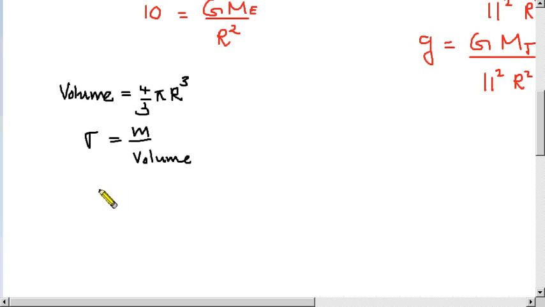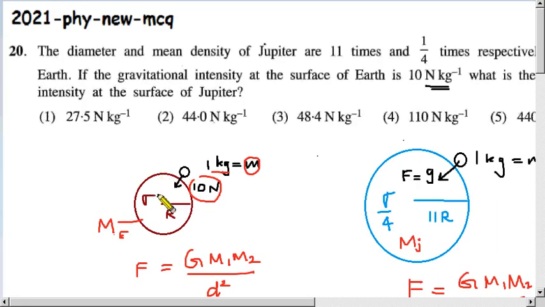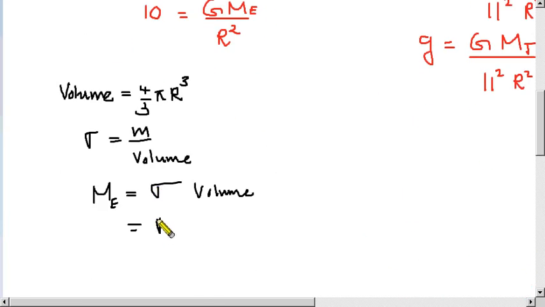So we need mass. Mass, capital M of earth, equals sigma times volume. We have taken the density as sigma, so let us take the same thing, sigma. Volume is 4 divided by 3 pi r cubed.